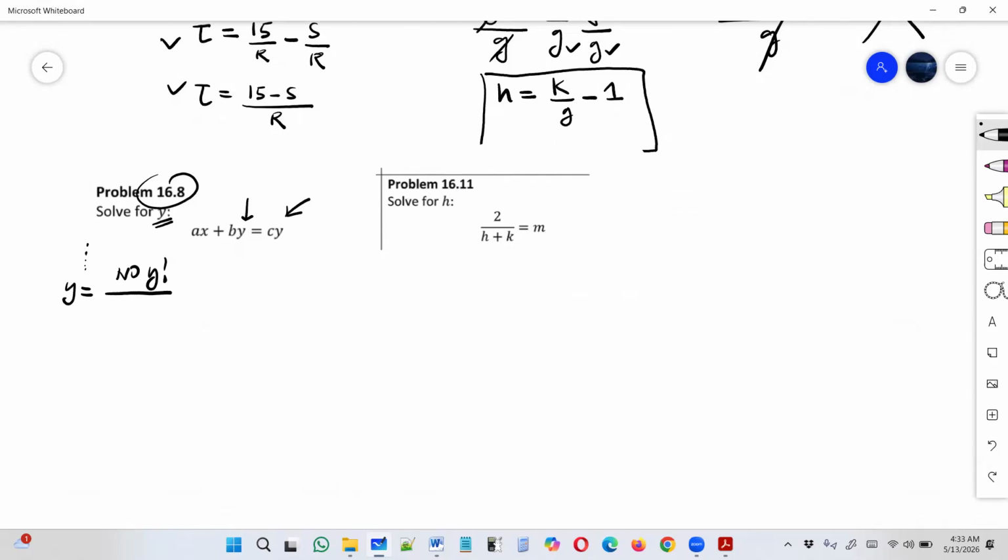So to solve this, I must have all of the terms with y, with the variable I'm solving for, on the same side. So I want this cy on the other side. So I'm going to subtract cy from here. And if I do it here, I do it over there.